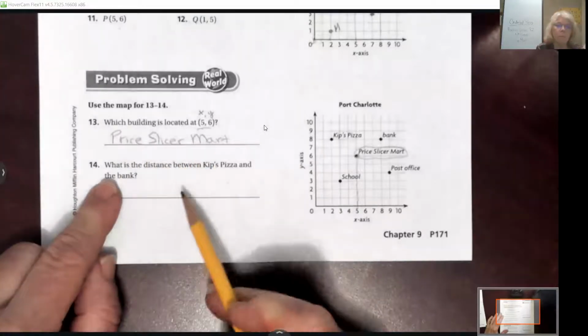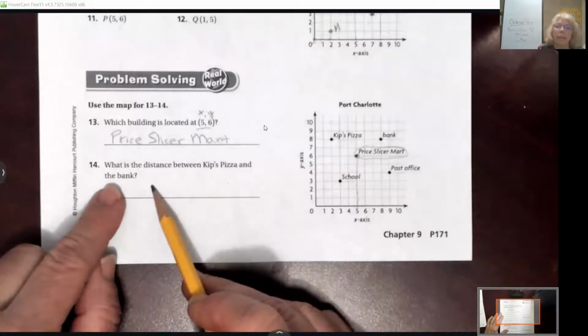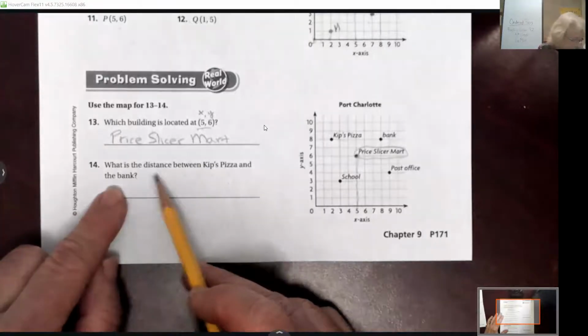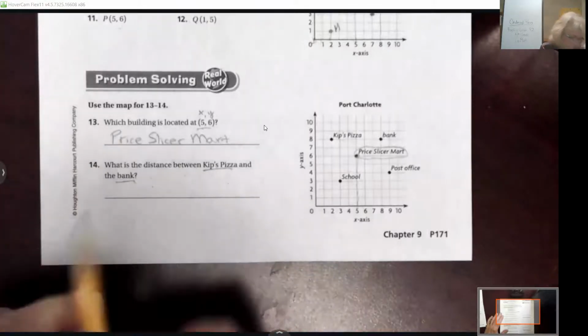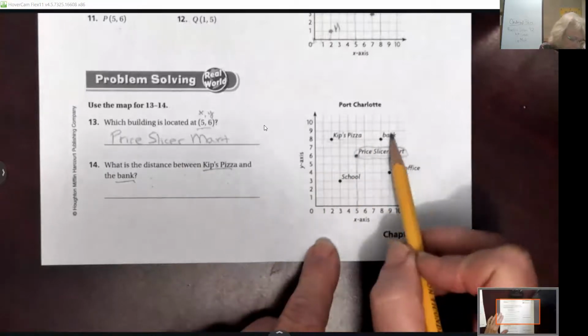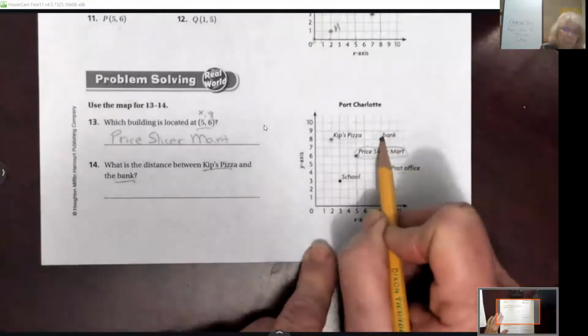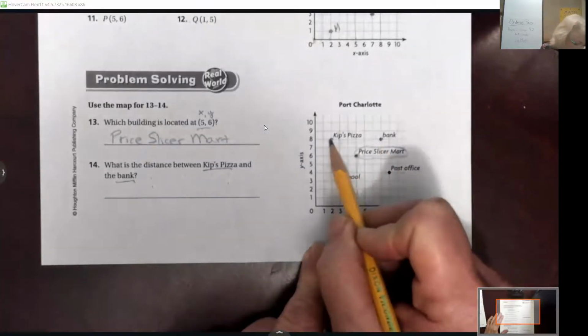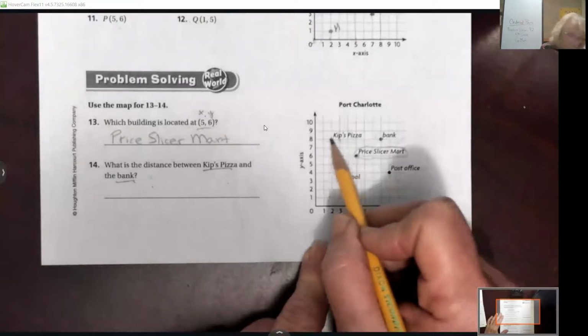Okay, last problem. What is the distance between Kip's Pizza and the bank? That is a difficult question because we don't know exactly where these are at the moment, except they show on here. So when they ask the distance between those two buildings, what they mean is how many jumps or grid lines did you have to go to get from one to the other.